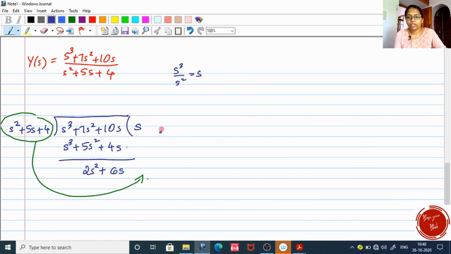Now take the divisor over to here and draw the division symbol, with s square plus 5s plus 4. Now divide s square plus 5s plus 4 by 2s square plus 6s. Divide the first term of this dividend by the first term of this divisor, s square by 2s square, which is simply 1 by 2.